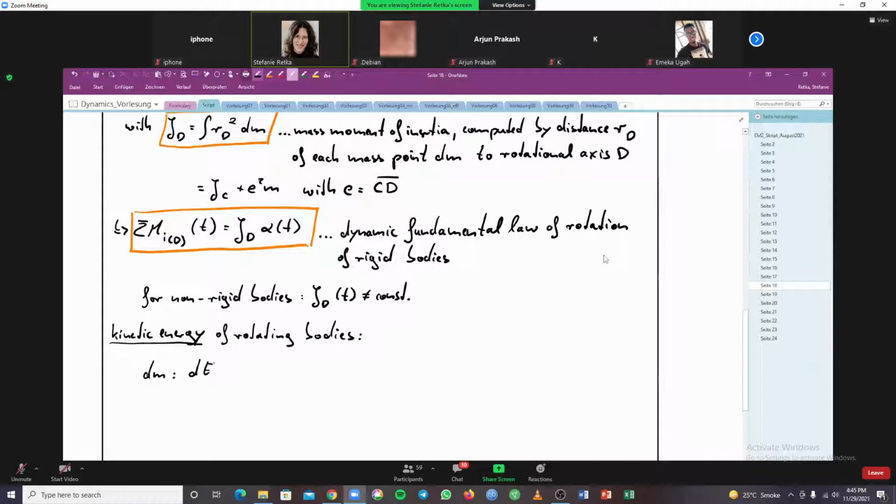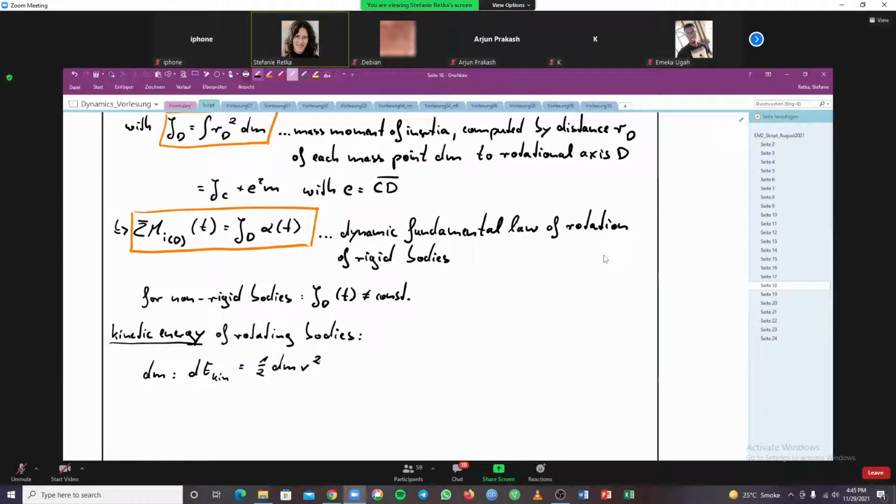Then we would have this component of kinetic energy, which is equal to 1/2 mass, dm in this case, multiplied by the square of the velocity. That's the kinetic energy you know and that you use for point mass as well, 1/2 mv².